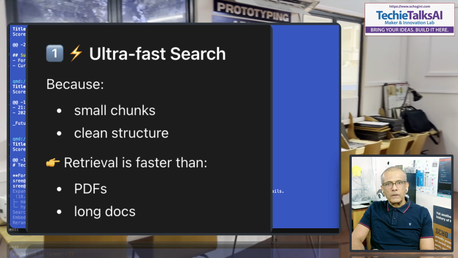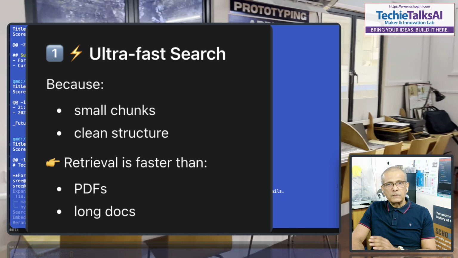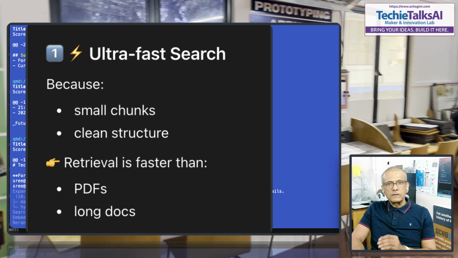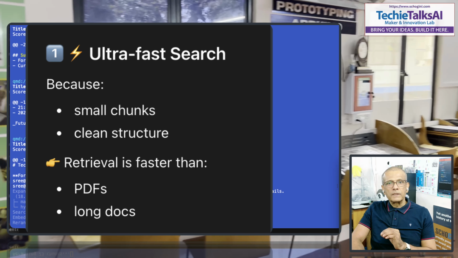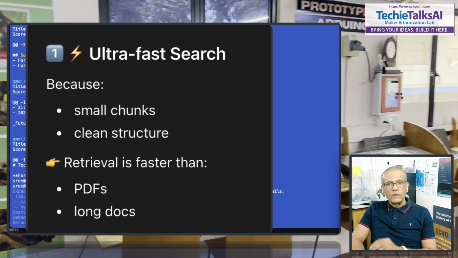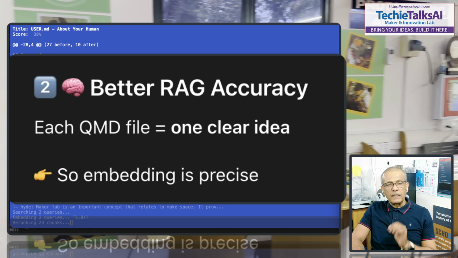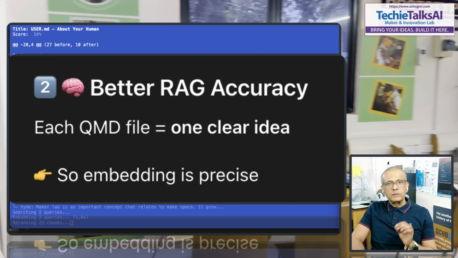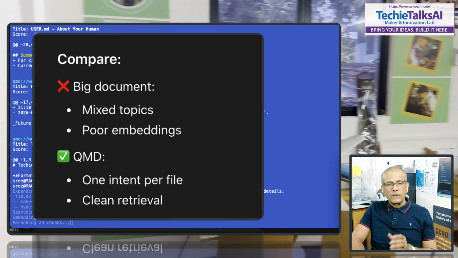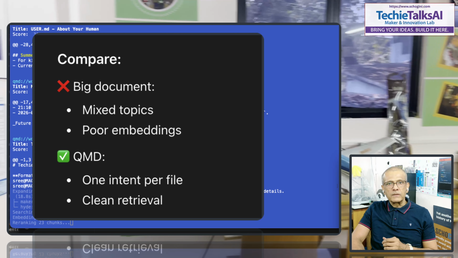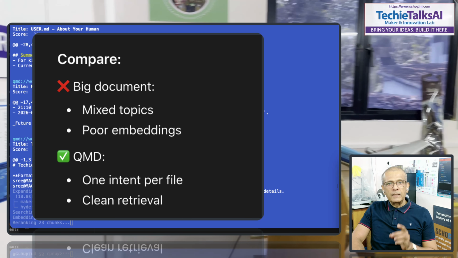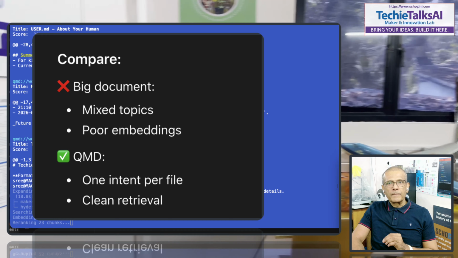And the benefits of QMD: ultra fast search, because small chunks and clean structure make retrieval faster than PDFs and long documents. Better RAG accuracy. Each QMD file is one clear idea, so embedding is precise. No big documents, mixed topics, poor embeddings. QMD, one intent per file, clear retrieval.